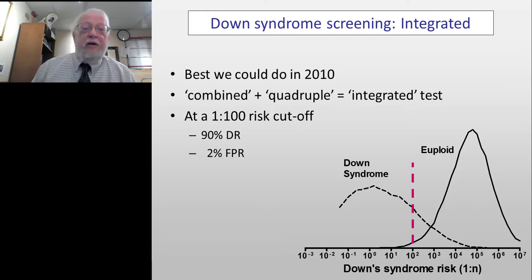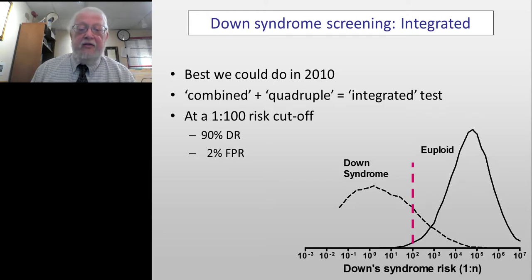At roughly a 1 in 100 cutoff, you can see the little vertical line here. These are the overlapping distributions. Here are the normal or euploid pregnancies with 1 in 10,000, very low risks, and here's the Down syndrome distribution with very high risks. The cutoff is about 1 in 100.